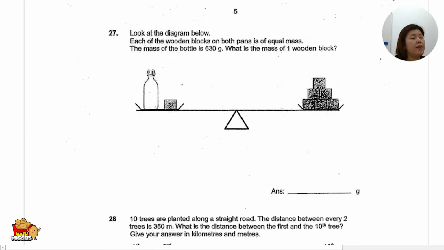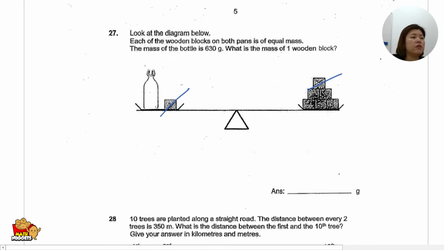Here is a diagram. It shows a bottle on one side with a block and the other side is 6 blocks. So it's telling you that the mass of the bottle is 630. It's asking you to find the mass of a wooden block. Since I have a wooden block here, I can cancel.